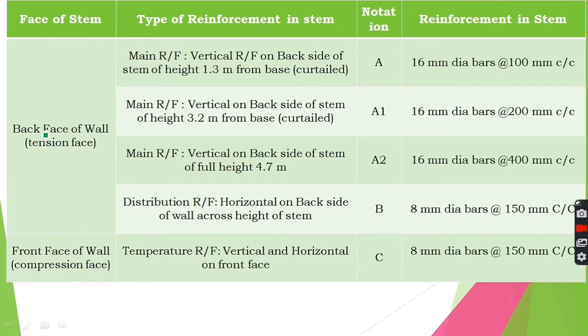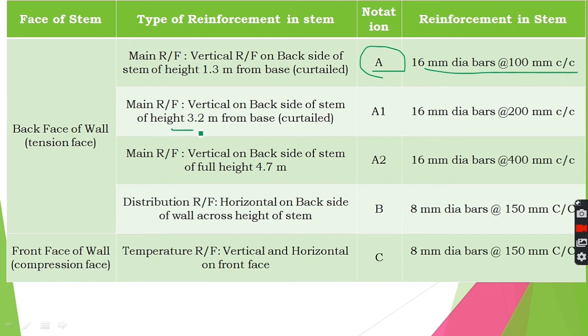So I have summarized this in this table. In the back face of wall or in the tension face, we have main reinforcement, vertical reinforcement on back side of height 1.3 meter from base, which have been curtailed, which I have designated as A in the detailing later on, and the reinforcement was this.